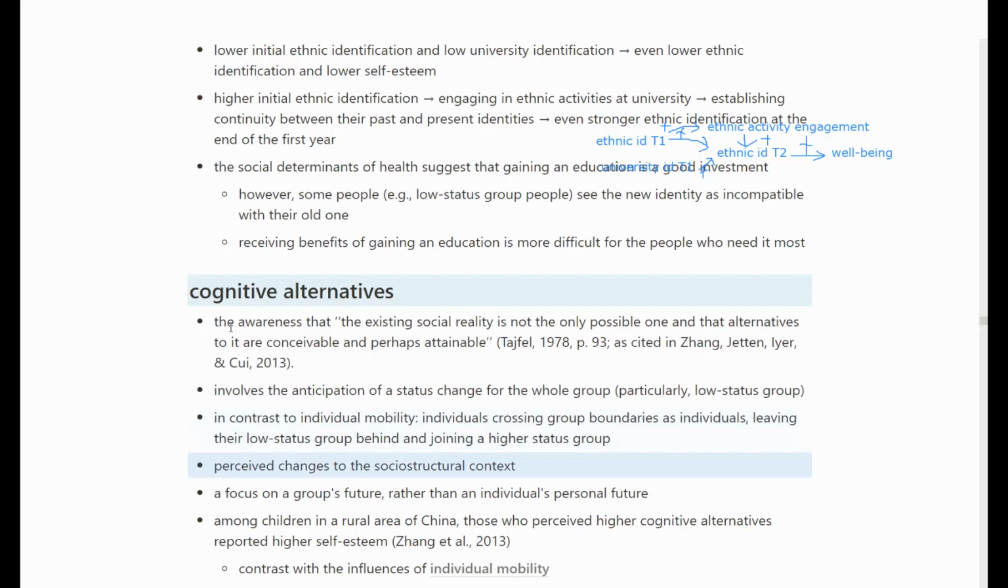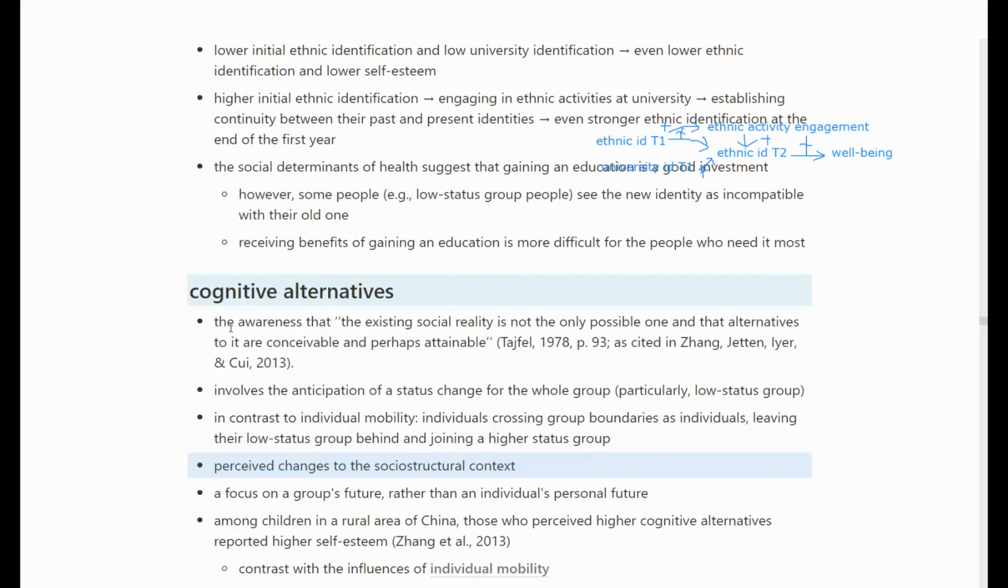And when they have such awareness of cognitive alternatives, they are more likely to perceive changes to the social structural context. Or maybe I think this is more like a mutual influence. When they perceive changes to the social structure context, this will give them such awareness.